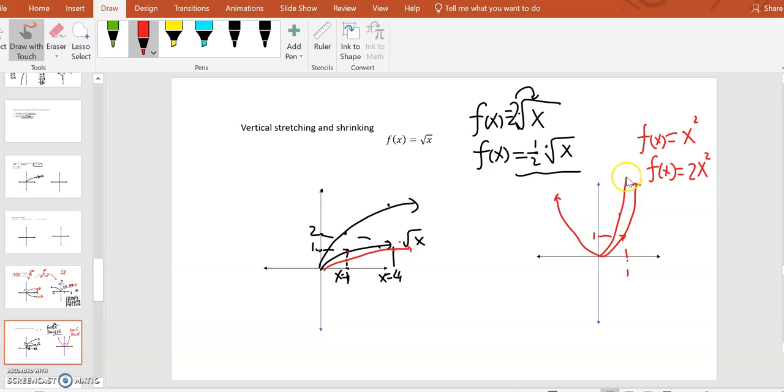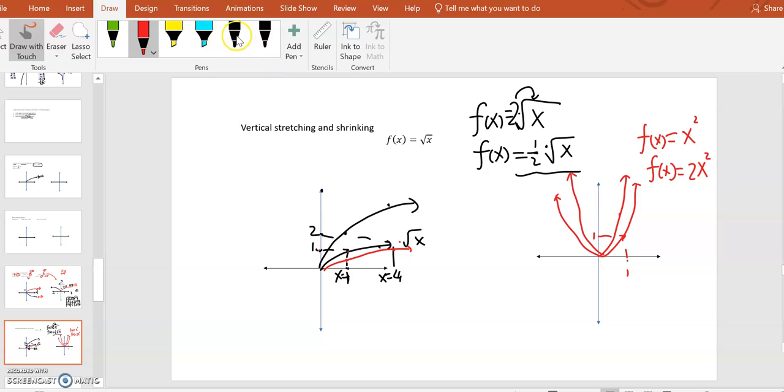So if we multiply by 2, when we look at the function f of x equals x squared and f of x equals 2x squared, multiplying x squared by 2, notice that when we pick 1 for x, we get y equal to 2. So the graph is actually stretched vertically. It sort of becomes narrower, but that concept usually cannot be used for other functions.